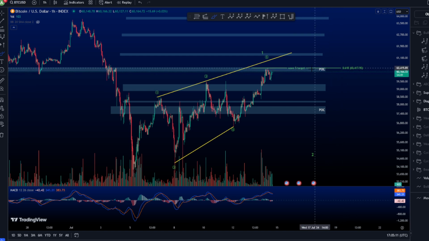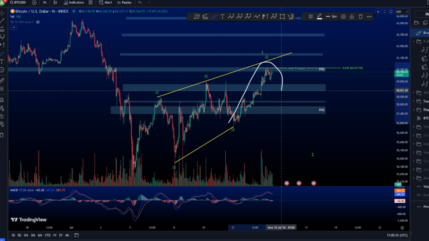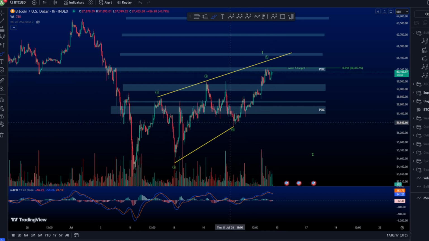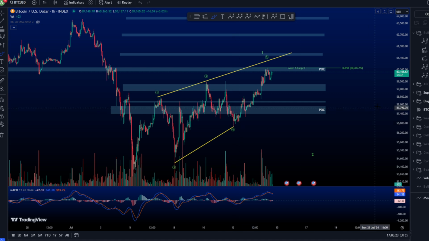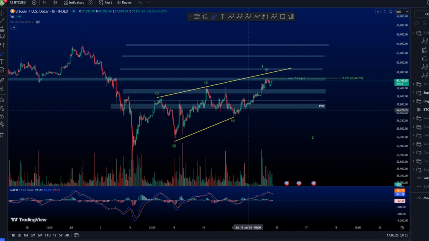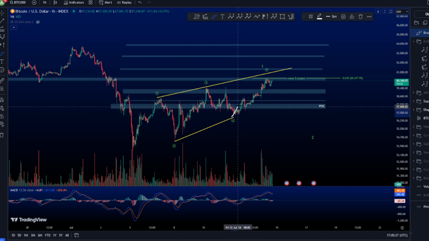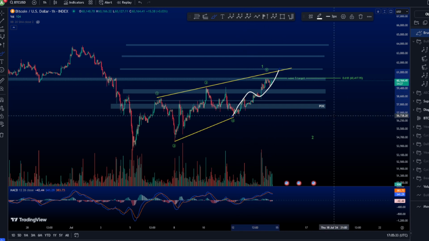However, looking at the structure of this wave 5, for me it looks a little bit more impulsive than just a zigzag. What I was expecting much more is a zigzag wave for a wave 5, which is the most common.